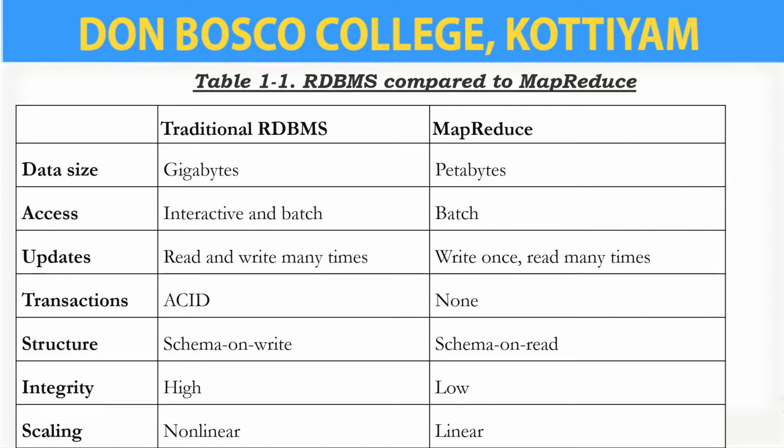Then the structure: in traditional RDBMS, schema on writing, but in MapReduce it is schema on reading. Then integrity is very high in traditional RDBMS, but it is very low in MapReduce. Then scaling: in traditional RDBMS it is non-linear, but in MapReduce it is linear.